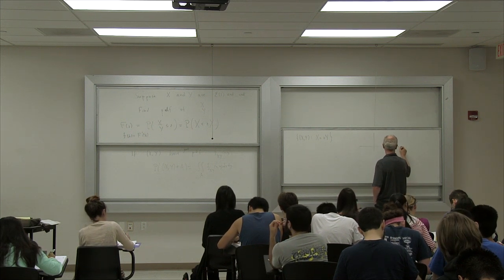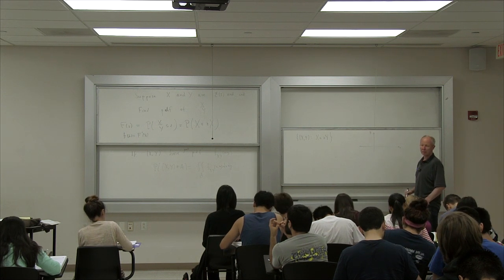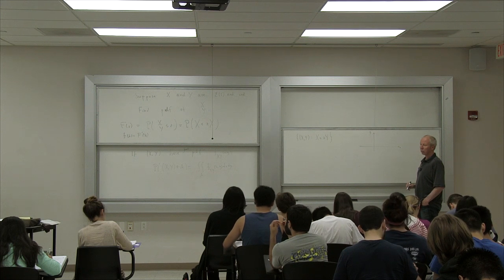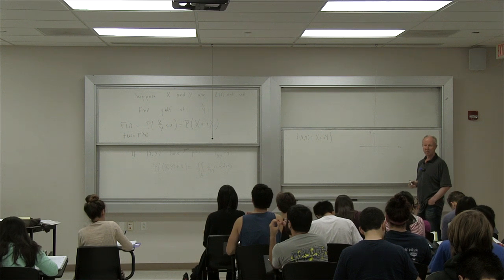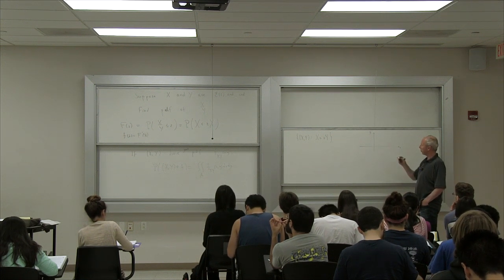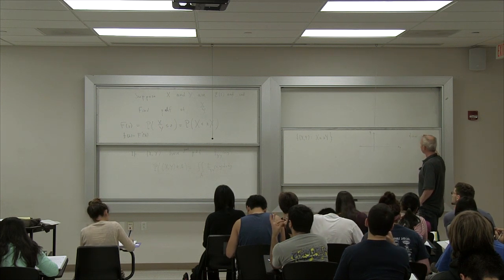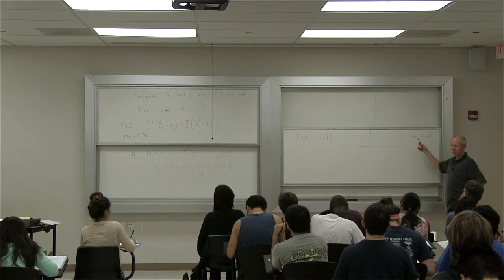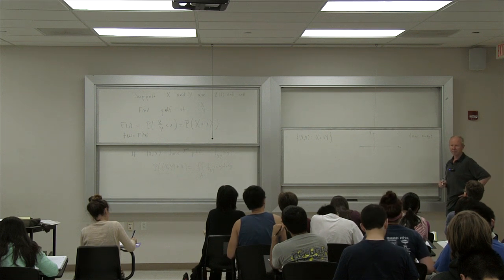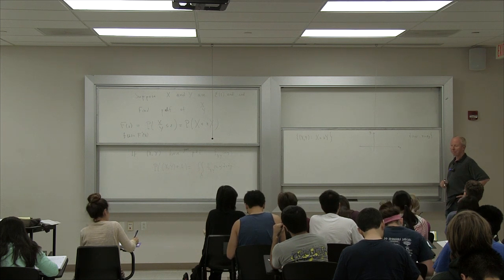So let's draw that in little x, little y space. Of course, we're only interested in the first quadrant because our variables capital X, capital Y are non-negative. And where do we have equality here? Let's first decide what this looks like. That would be the boundary of this region. It's a line with slope 1 over z.